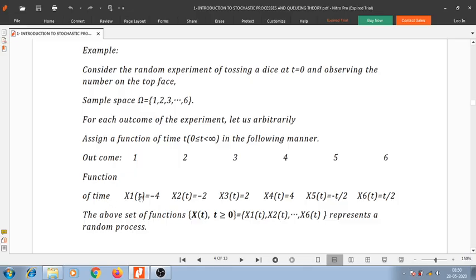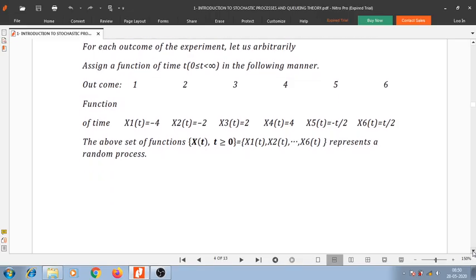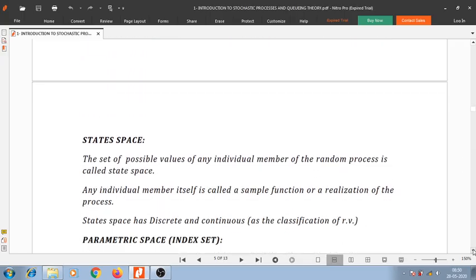See that every time the random variable is a function of t. So a random variable that is a function of time is called a random process. I write the above set of functions as x of t, t greater than or equal to 0, is equal to x1 of t, x2 of t, up to x6 of t, representing a random process. Are you okay?